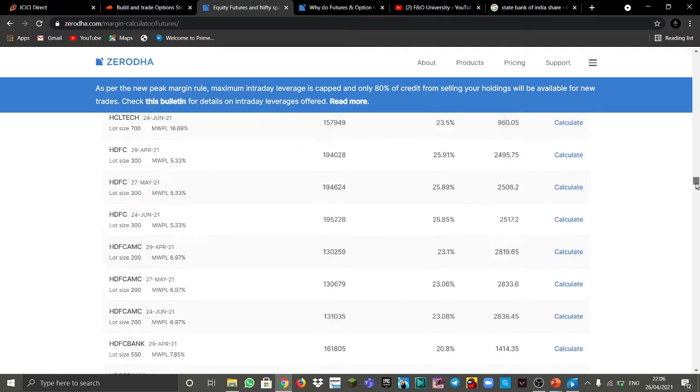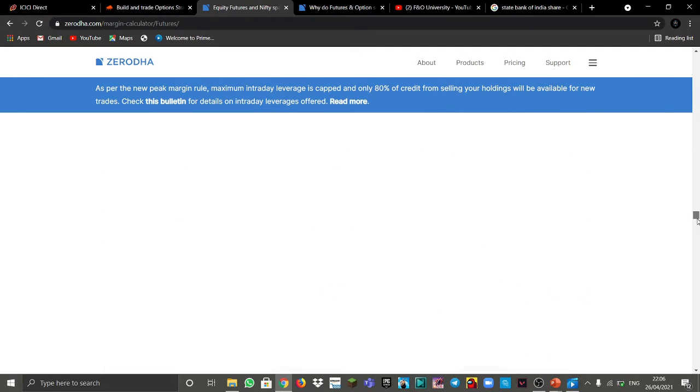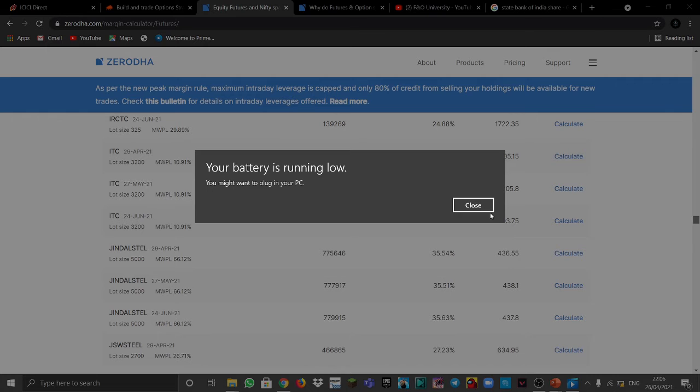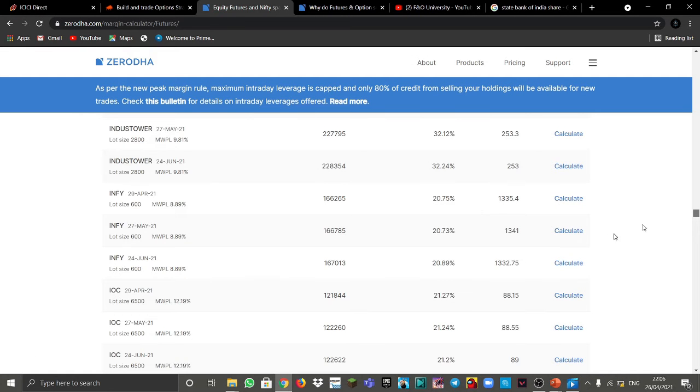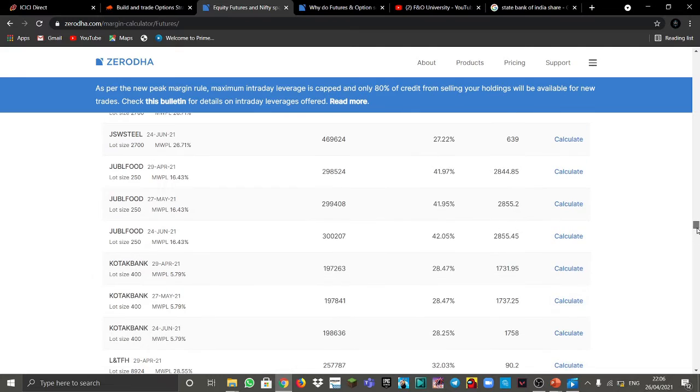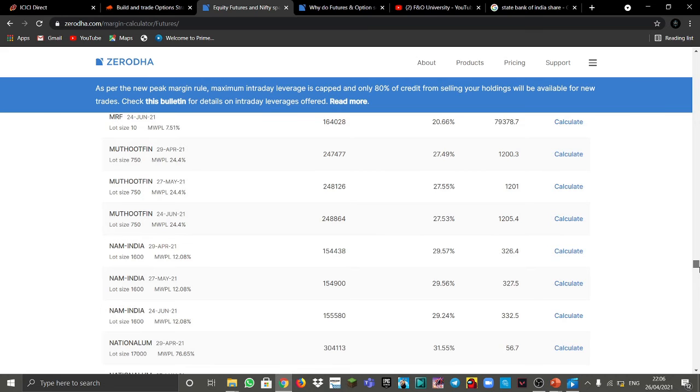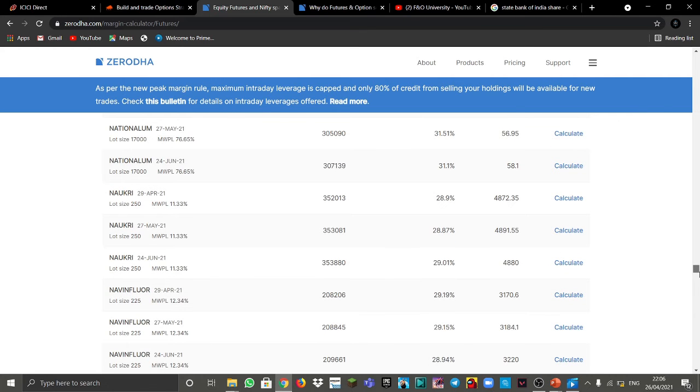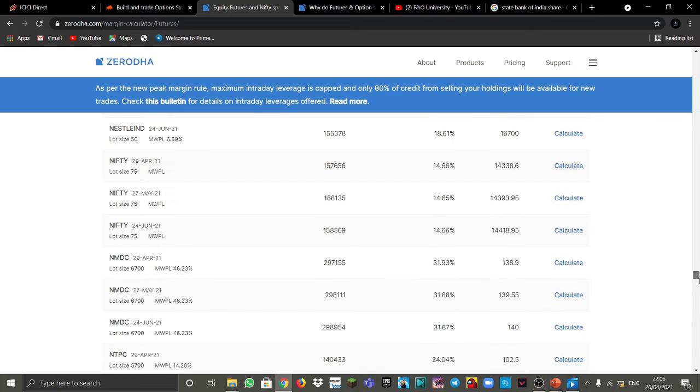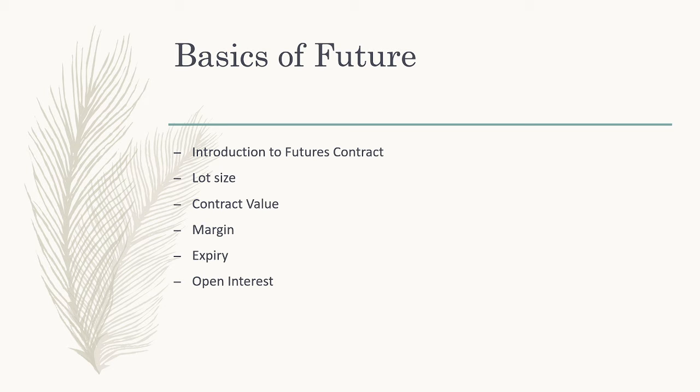Let's look at Nifty. Here you see Nifty. If you want to buy Nifty, again, lot size is 75. So we were looking at lot size, and this is the lot size for Nifty. What's the contract value?